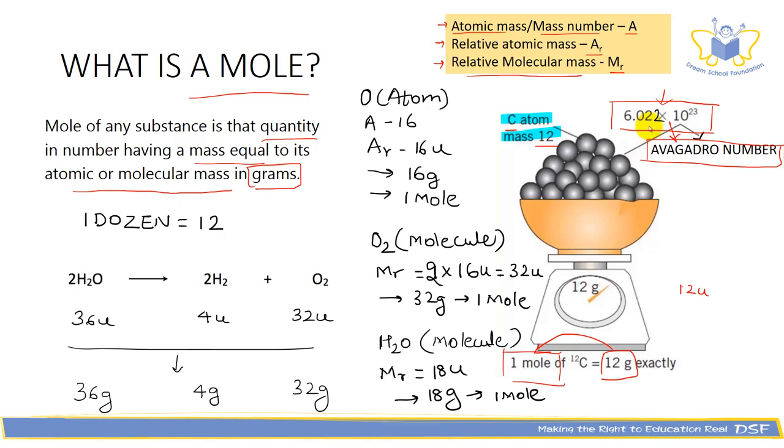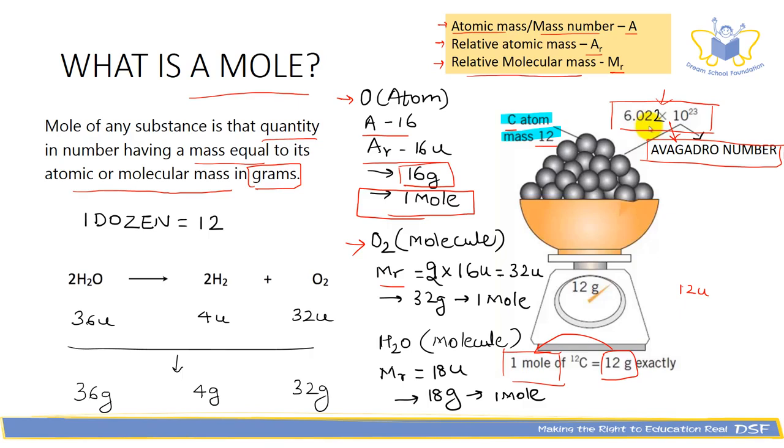Let us look at a few more examples. Let us take the oxygen atom. For the oxygen atom, atomic mass is 16, relative atomic mass is 16U. If I take 16 grams of oxygen atoms, it just means that I have 1 mole of oxygen atoms. Let us look at the oxygen molecule. In the case of the oxygen molecule, we need to consider relative molecular mass.